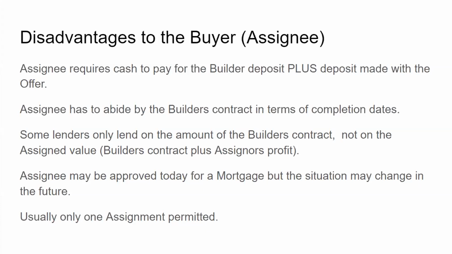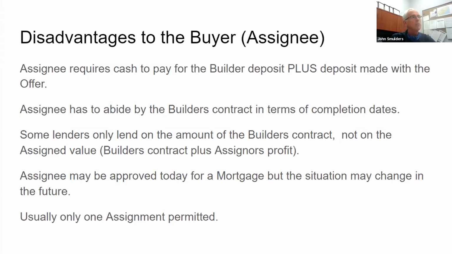Yes, hi, John. You kind of lost me there regarding the assignee paying the assignor. The deposit that the assignor put with the builder, let's assume, with your example, $50,000. How did that grow to $80,000? Okay, great, no problem.